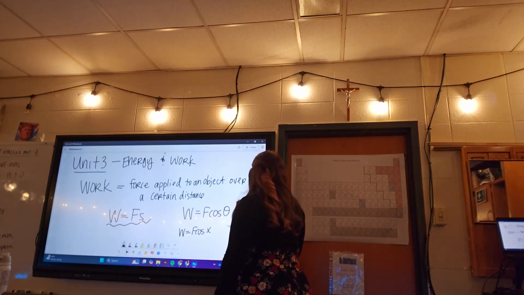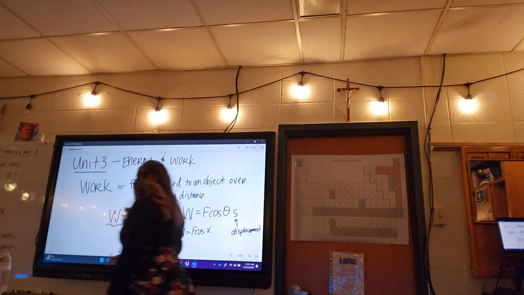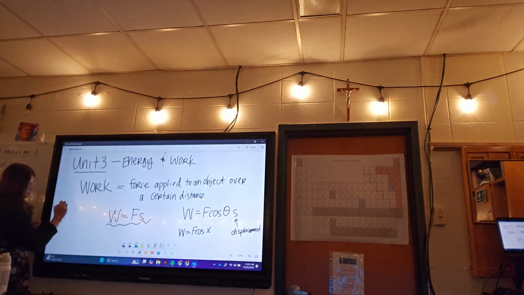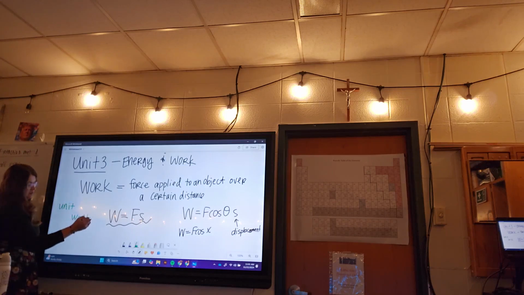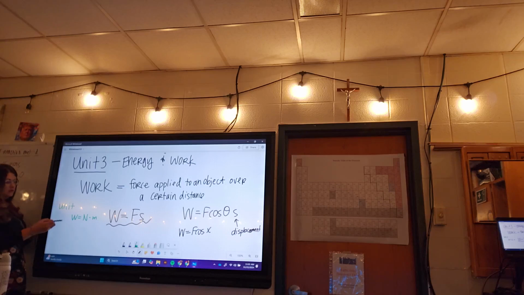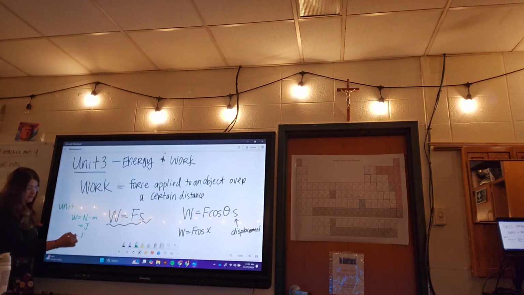The unit for work, if we're calculating work by finding the force, which is calculated in newtons, and multiplying that by some distance in meters, your work unit then is what we call a newton meter. But a newton meter has another name. It's abbreviated J, which stands for joule.